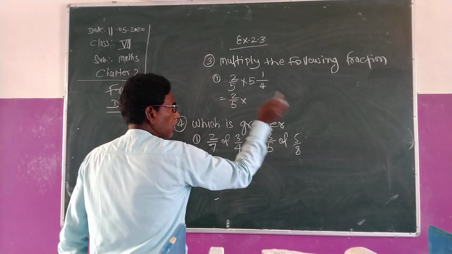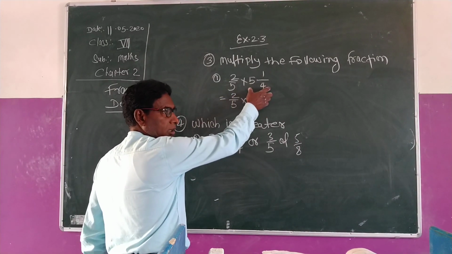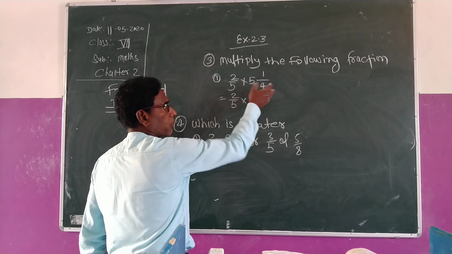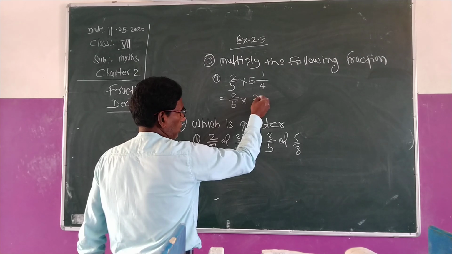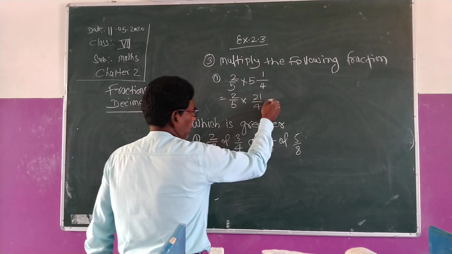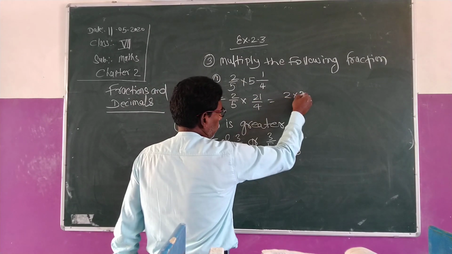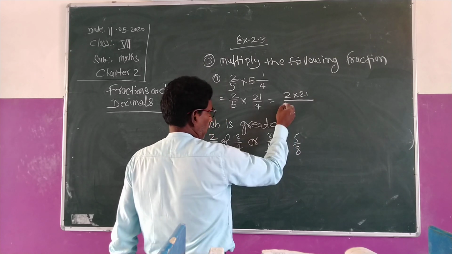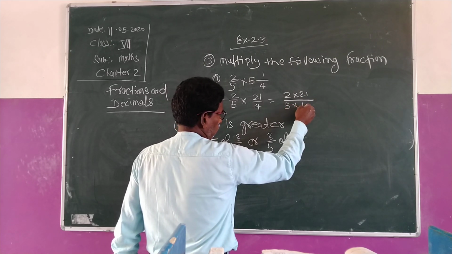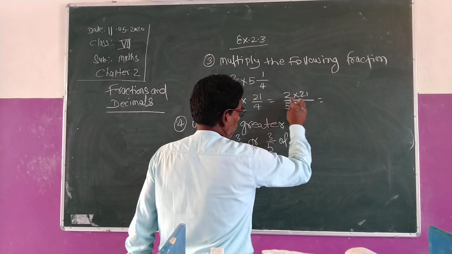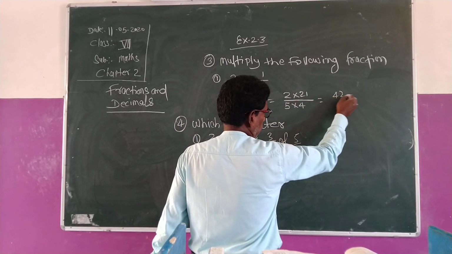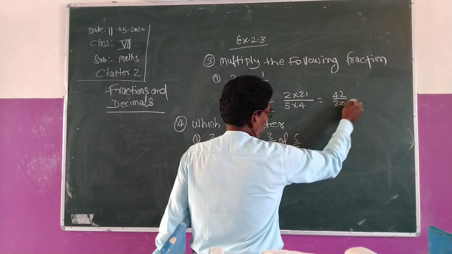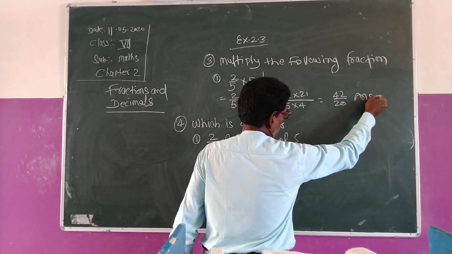You will convert it into an improper fraction: 4 5s are 20, plus 1, 21/4. 2/5 into 21/4 is equal to 2 into 21 by 5 into 4, which is 42 by 20. That is the answer.